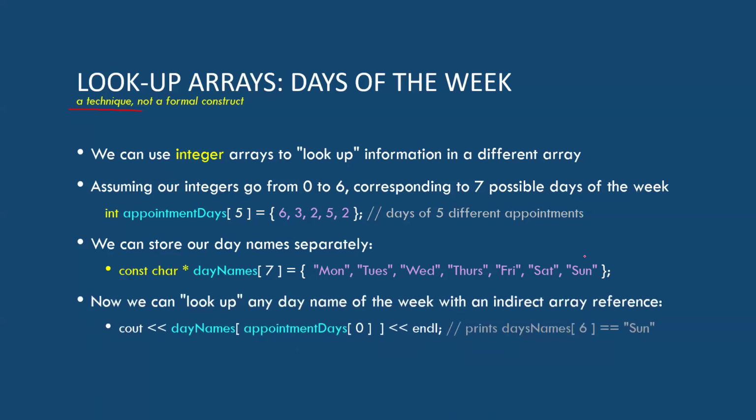That gives us a way of putting an appointment day inside of the day name. So that gives us the 6, because that's that 6 right up there. And then if we drop the 6 into the day names, we get Sunday. So this is a strategy for looking up information by some ID.